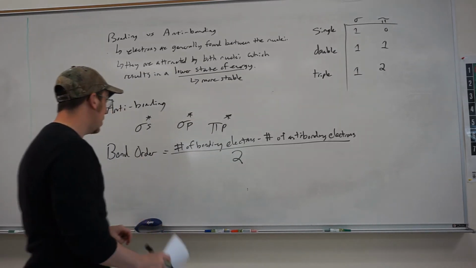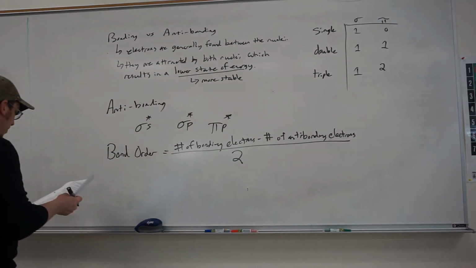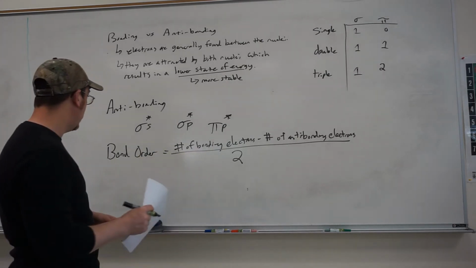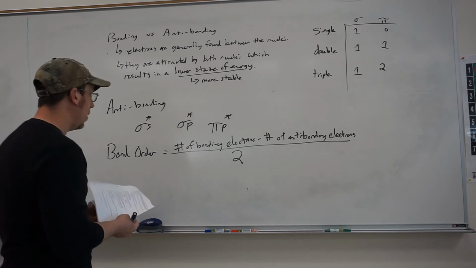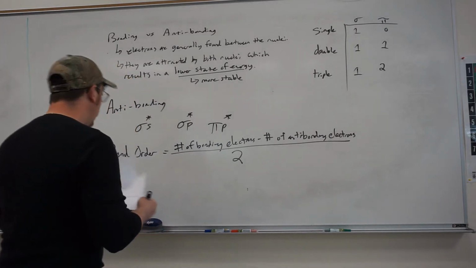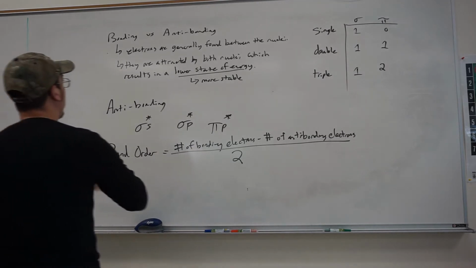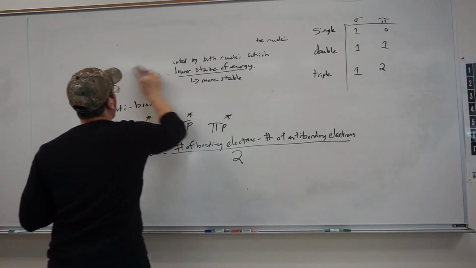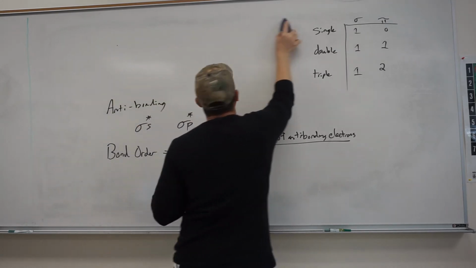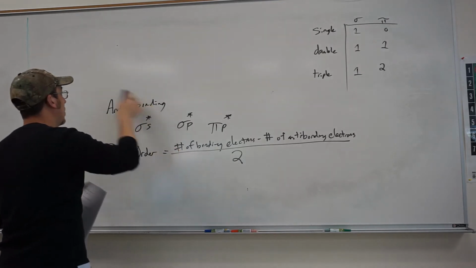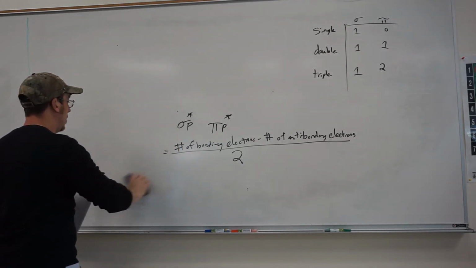So we need to take out that factor of 2. So let's look at an example, and we're going to focus on the element hydrogen and hydrogen gas. Make sure you have this equation out as we do this.